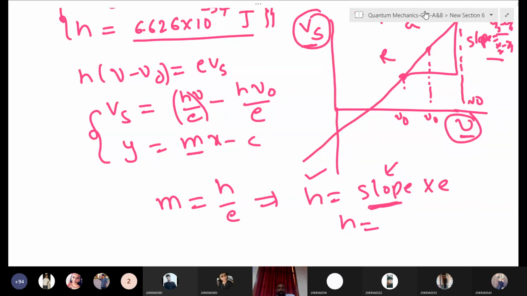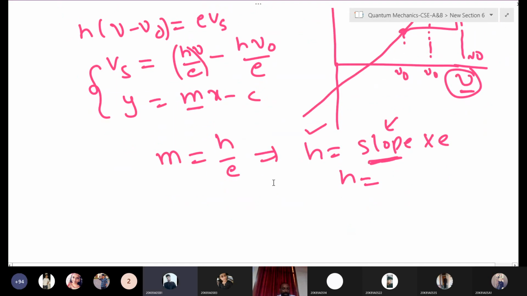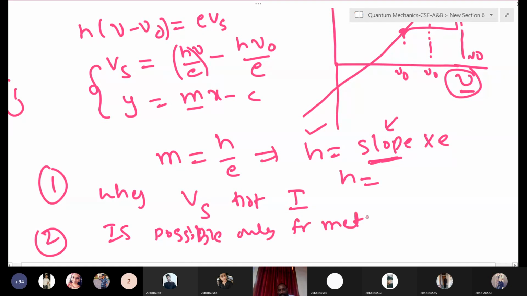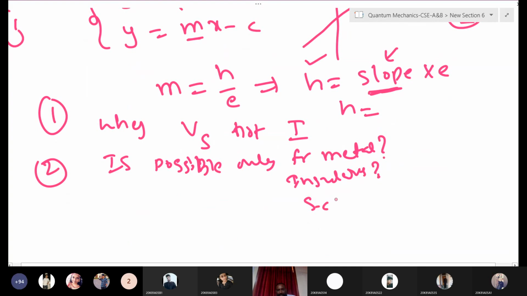Is this clear, everyone? I raised two questions. Why is the stopping potential not depending on intensity? Second question: is the photoelectric effect possible only for metals, or is it possible for insulators or semiconductors?